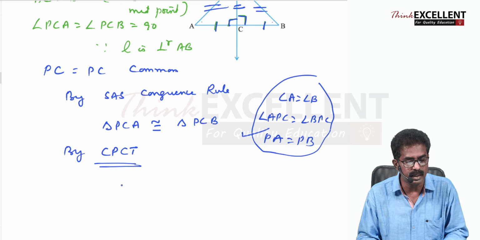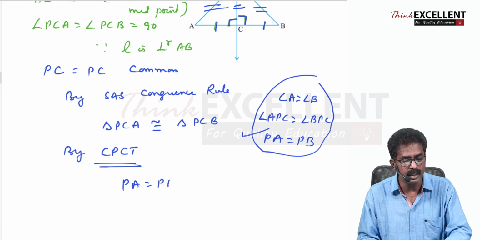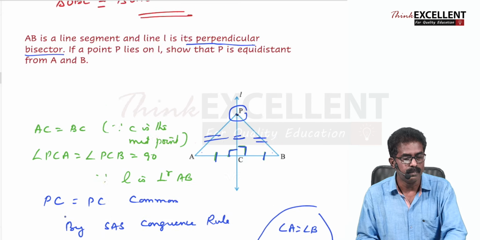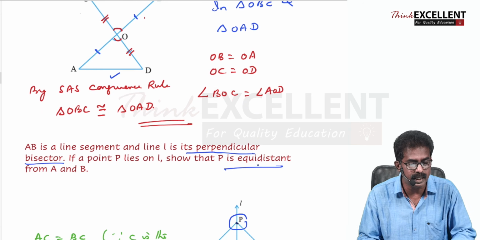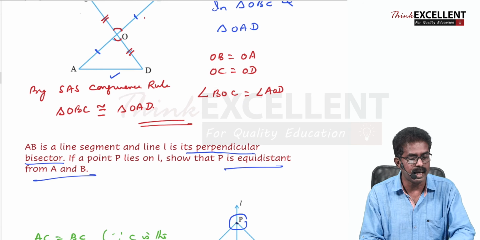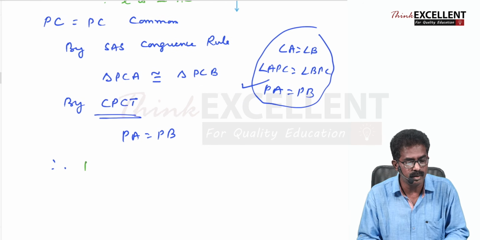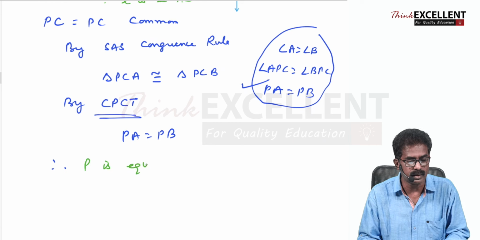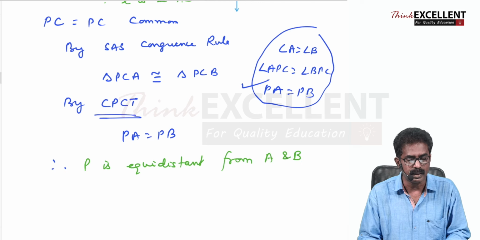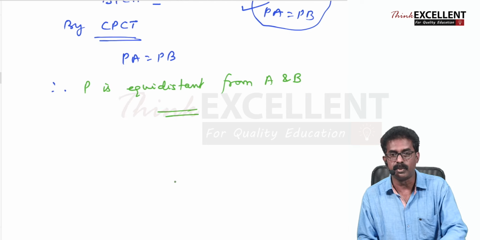By CPCT, PA equal to PB, and you write the conclusion. Therefore, what they asked to prove, show that P is equidistant from A and B. So finally you say, therefore, P is equidistant from A and B. So hope you got some idea about this.